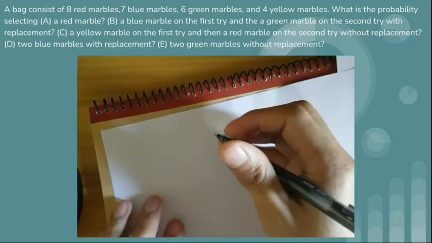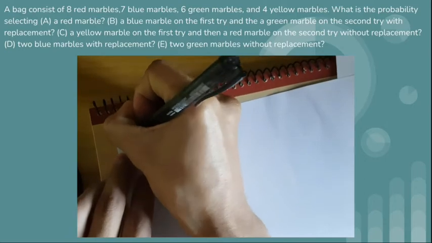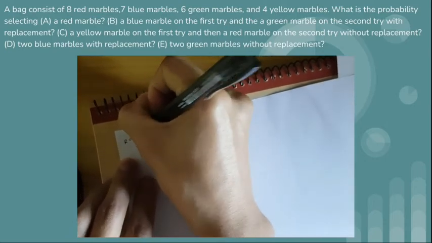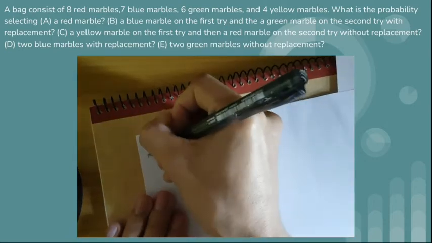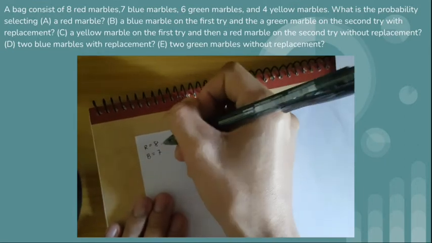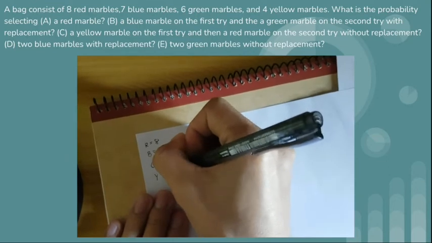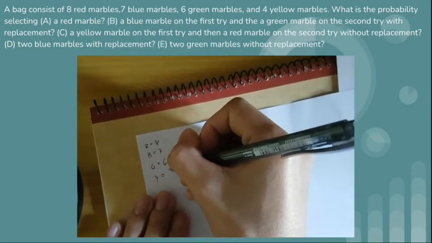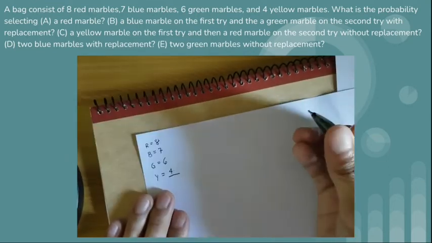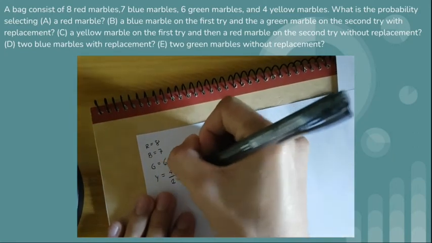So first, sulat natin yung mga given natin. So red is equal sa 8, blue 7, green 6, yellow is 4. So ang total nito is 25.